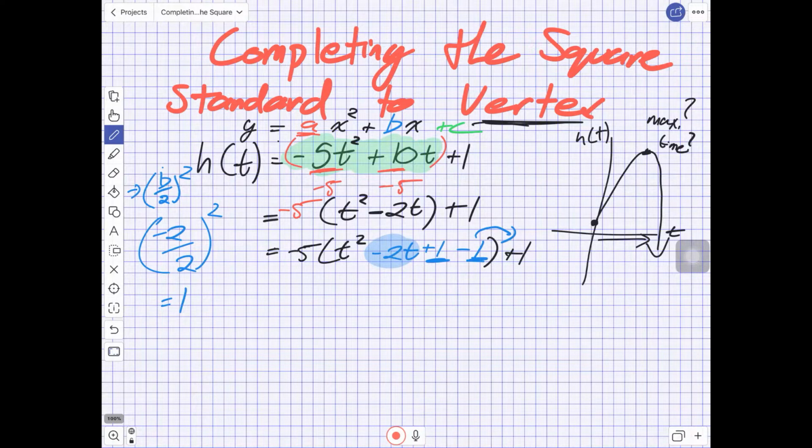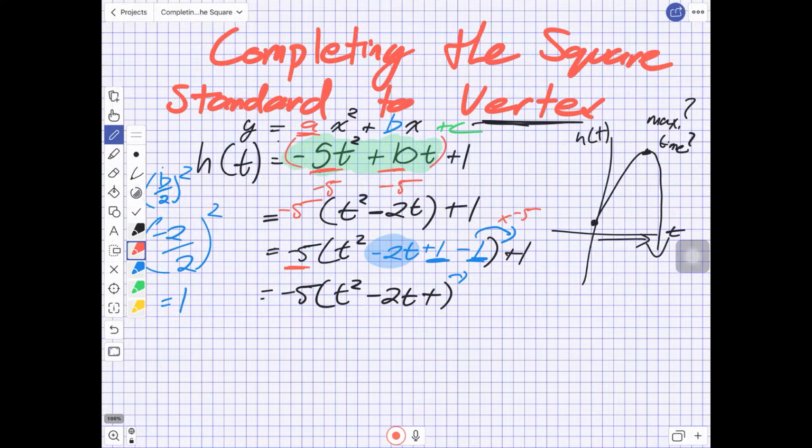Let's go to our next line here. We get -5 times the bracket of t squared minus 2t plus 1. And now this -1, when it comes outside the bracket, had to be multiplied by the a value, this -5. Think of it like the distributive property. In order to pull it out of the bracket, it has to get multiplied.